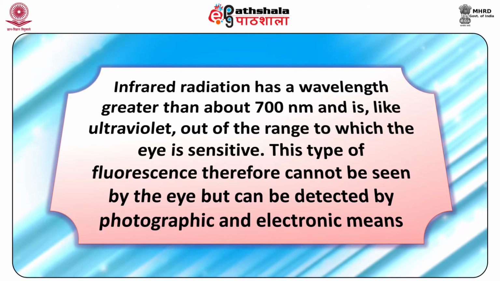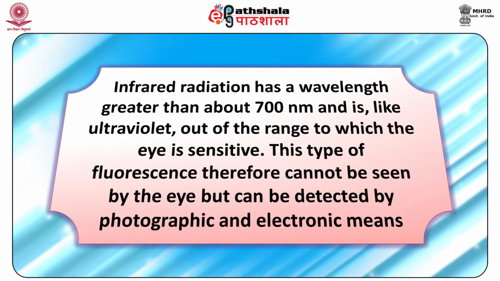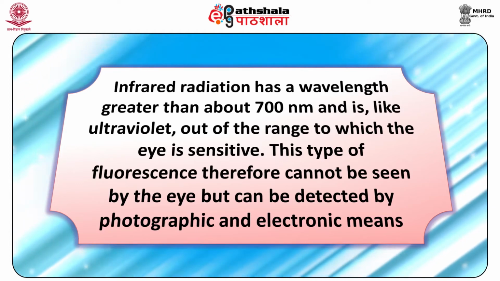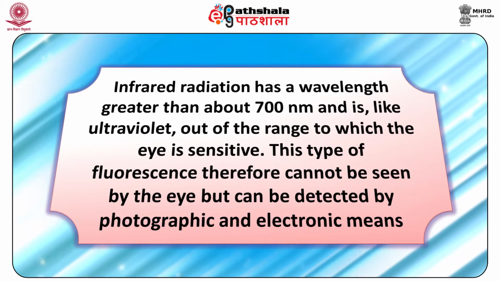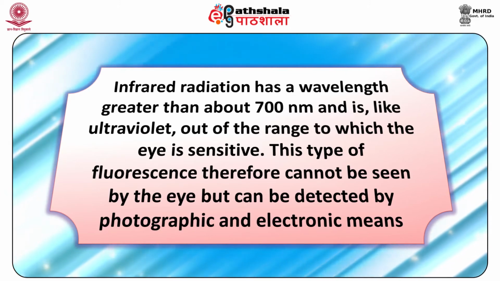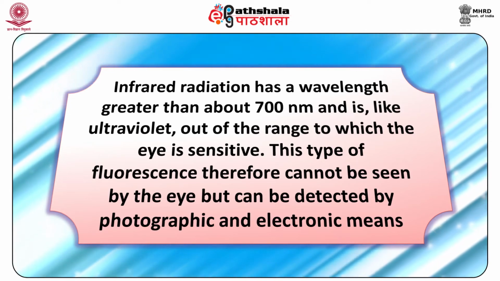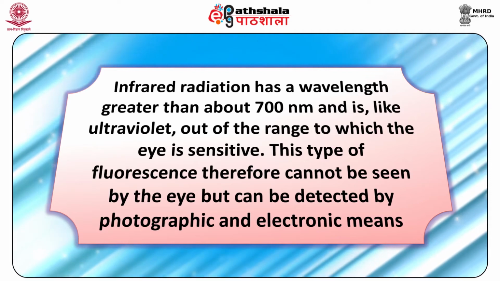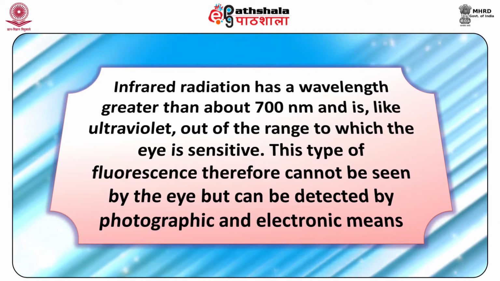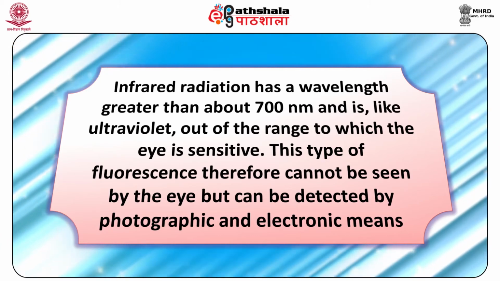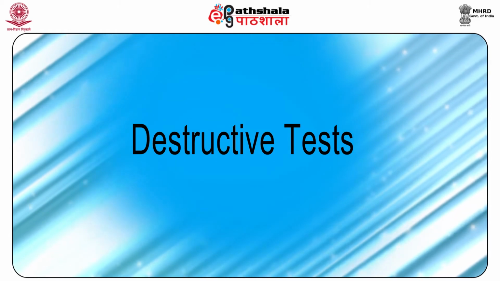Infrared radiation has a wavelength greater than about 700 nanometers and, like ultraviolet, is out of the range to which the eye is sensitive. This type of fluorescence therefore cannot be seen by the eye but can be detected by photographic and electronic means.